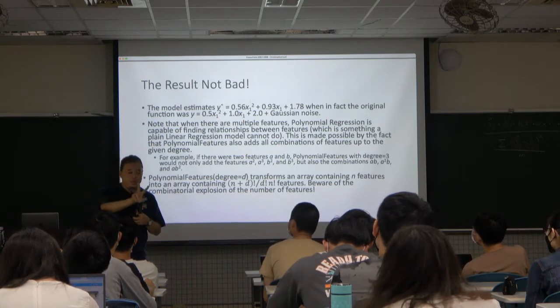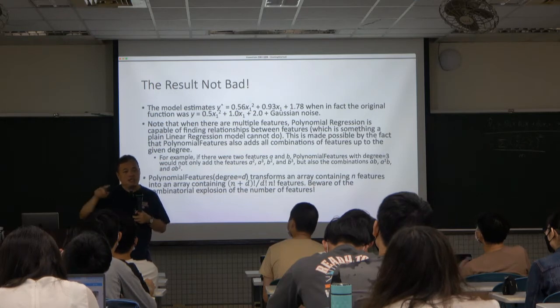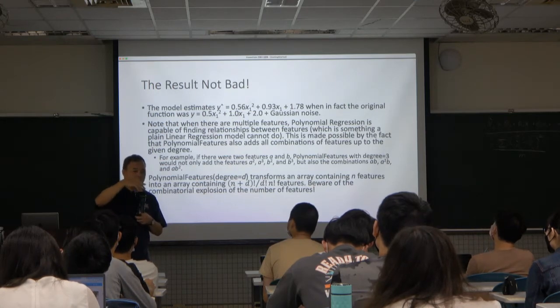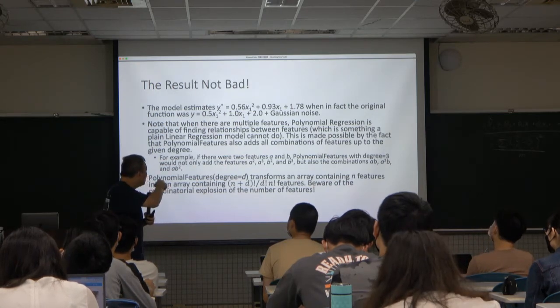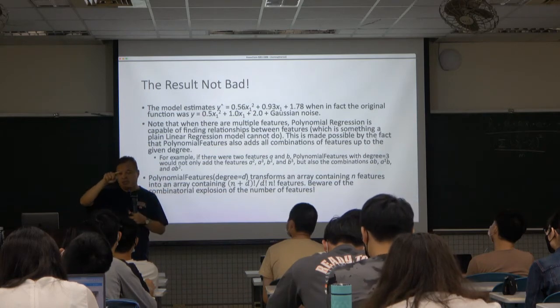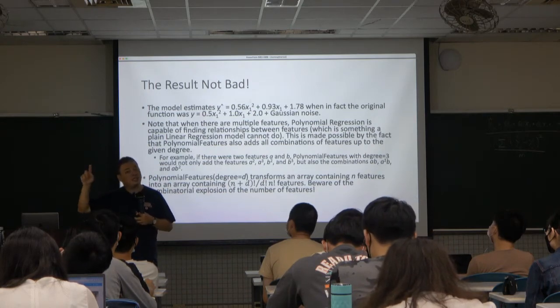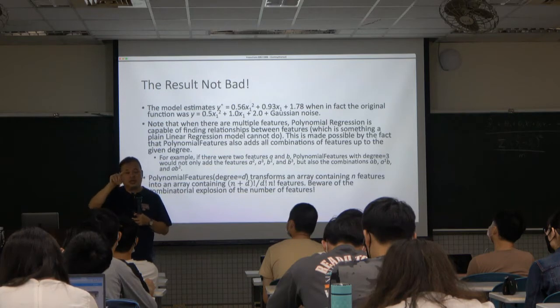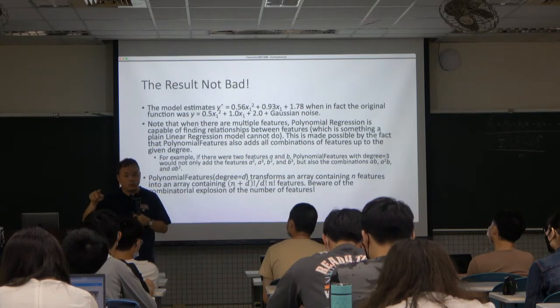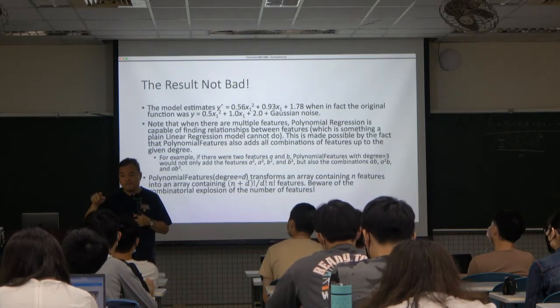But if we have two features, x1, x2, then by using the polynomial class, not only do we introduce x1 squared and x2 squared, we also introduce x1 x2.